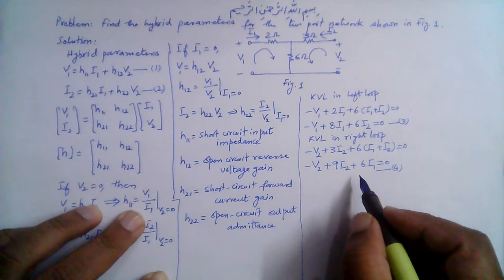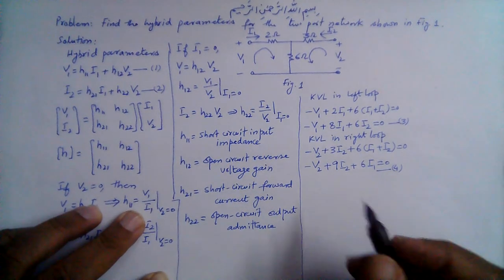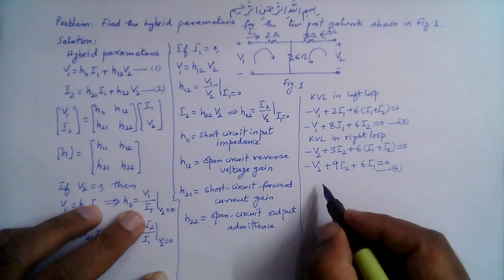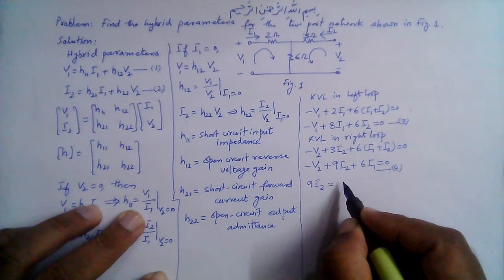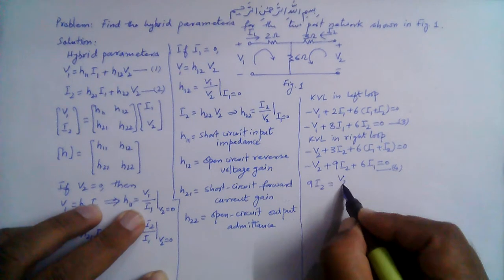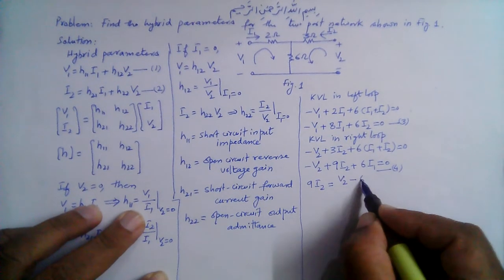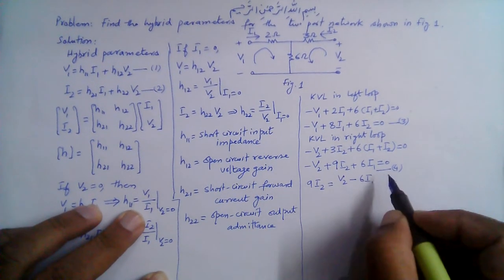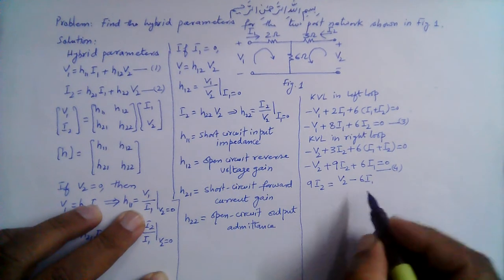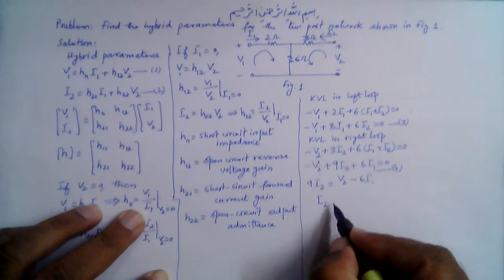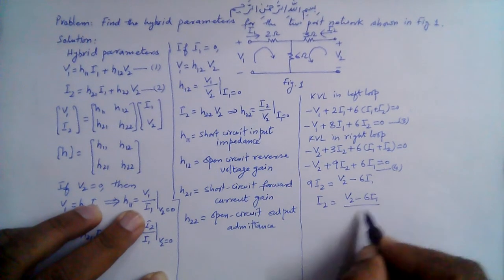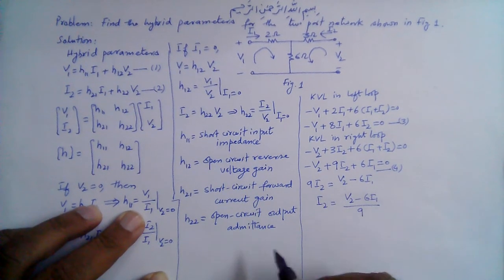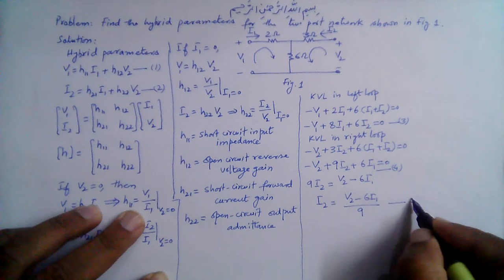So from this, let's find the value of I2. 9I2 is equal to V2 minus 6I1, and I2 is equal to (V2 minus 6I1) divided by 9. That is equation number 5.